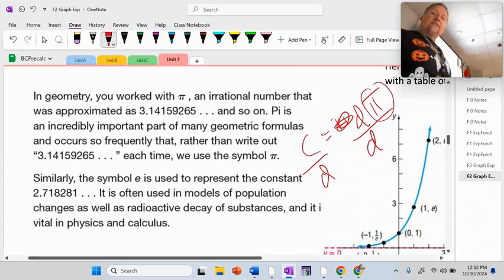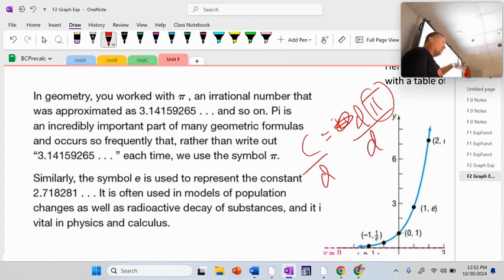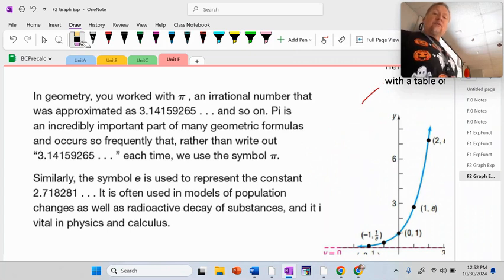From there, they got some sort of estimation. Back in ancient times, I don't know if they had decimals. They first had fractions. Throughout the centuries, they got better and better approximations of that number. So that literally is where it comes from.